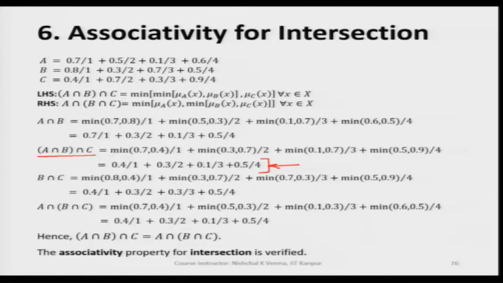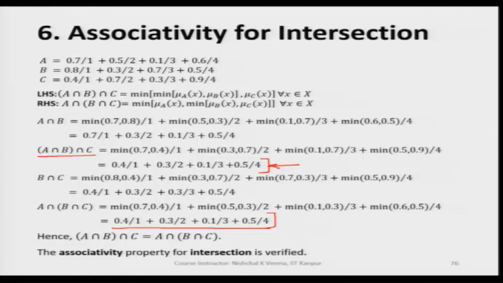Now, when we compute the intersection of A and B intersection C, this is what we get when we apply the min criteria.